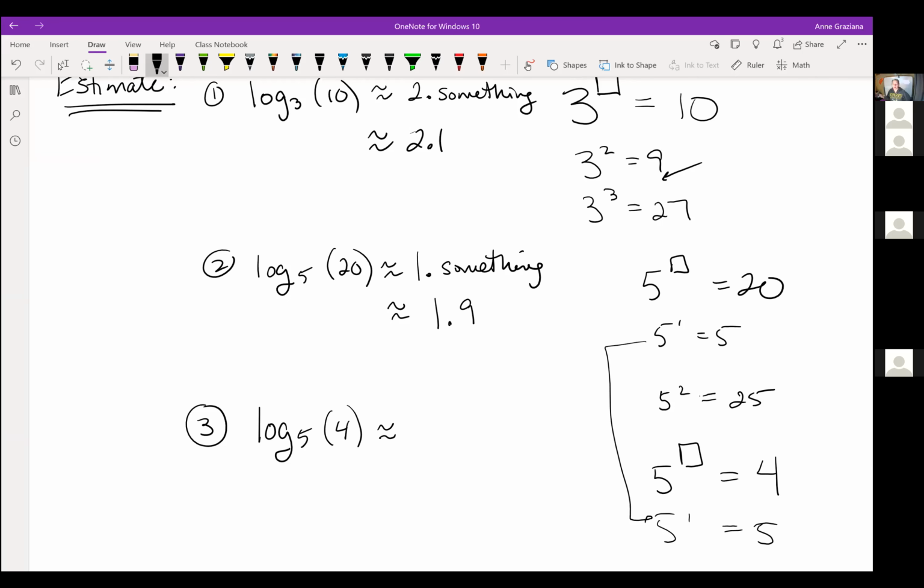Isn't that already bigger? So now my estimate for that decimal has to be what? Slightly less than 1. If 5 to the first gives me 5, then I need something smaller to give me 4. Does everybody see that? So we're going to say about 0.8.